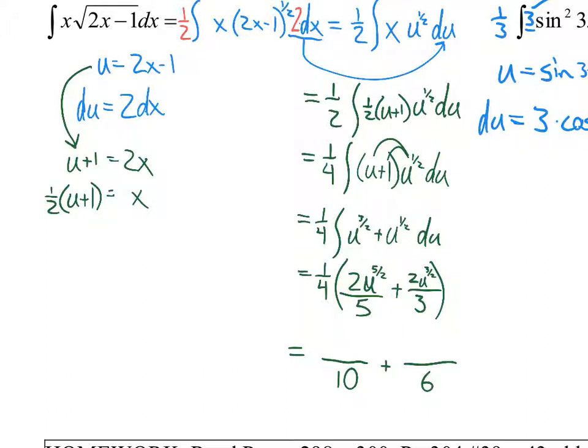And that's going to be u, which is 2x minus 1 to the 5/2, plus u, which is 2x minus 1 to the 3/2, plus C. Okay? And that would be it. Okay?